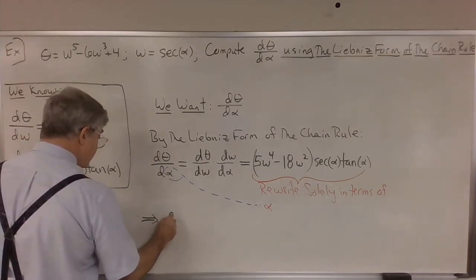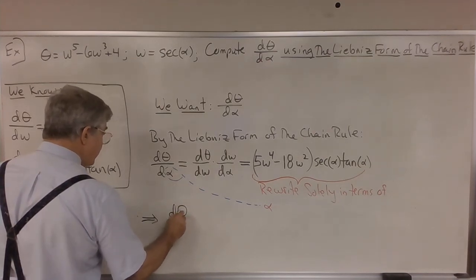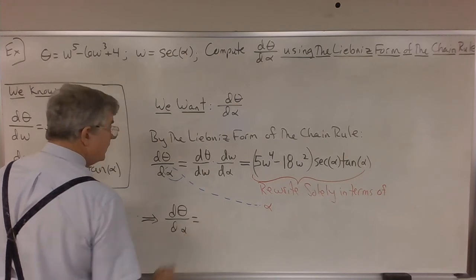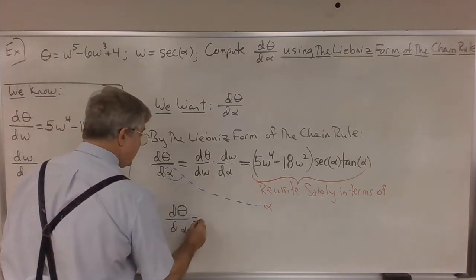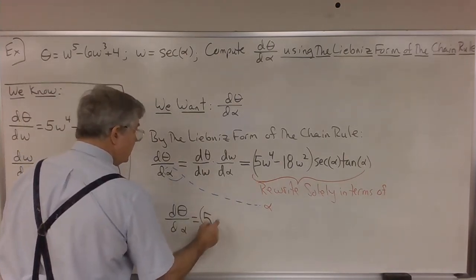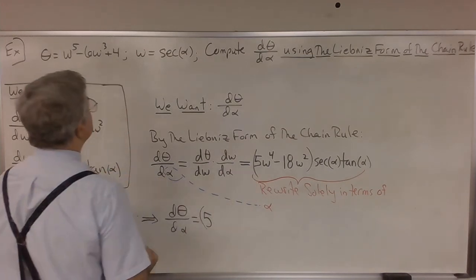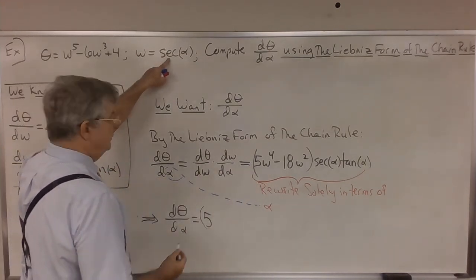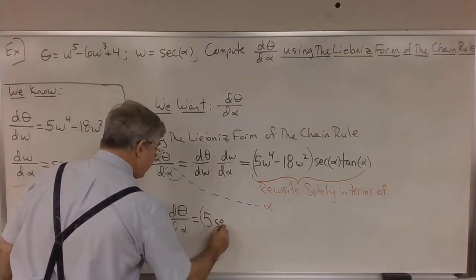So, d theta d alpha is equal to 5, okay, w to the fourth, that's what's unacceptable. I've got to replace the w with secant alpha.